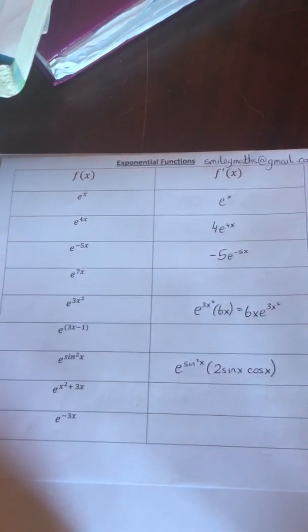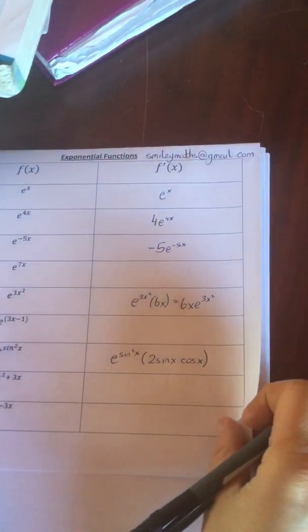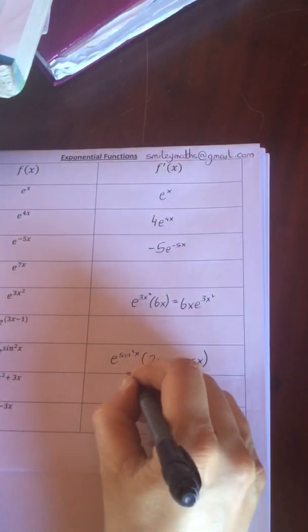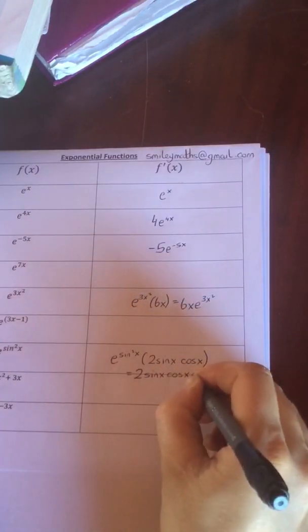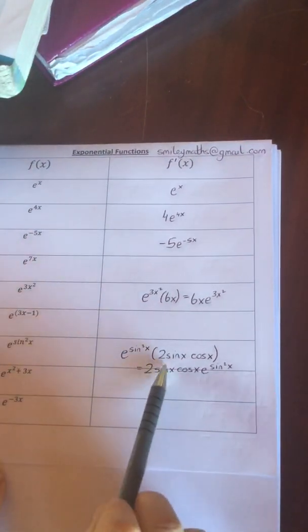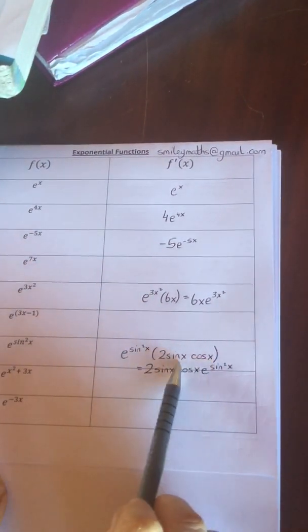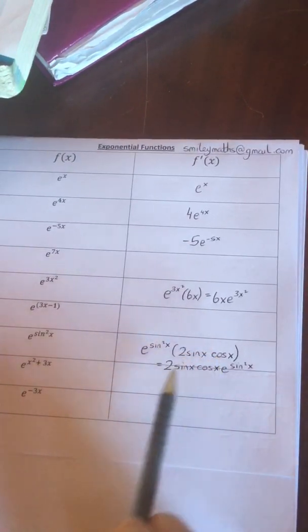So my final answer is going to be 2 sine of x cos of x e to the power sine squared of x. If you're unsure how I got this answer, it's in a previous video on how to differentiate functions on the Leaving Cert higher level course.